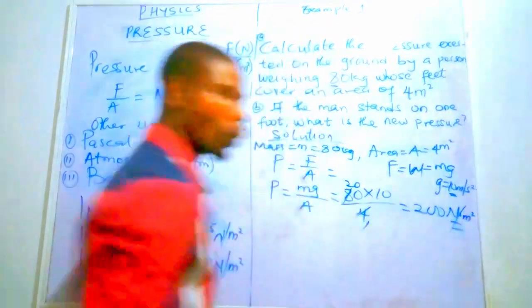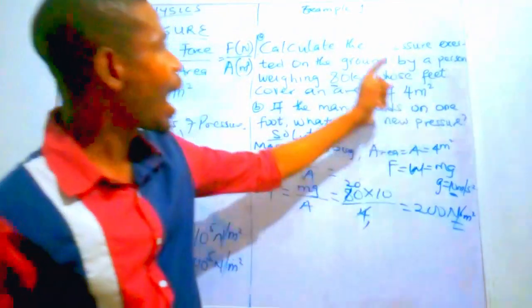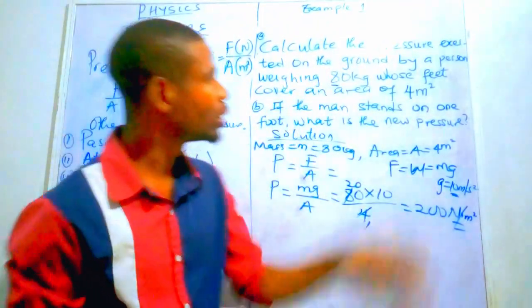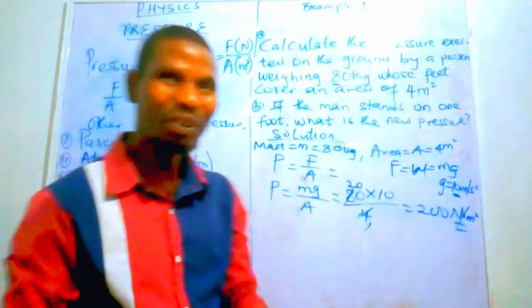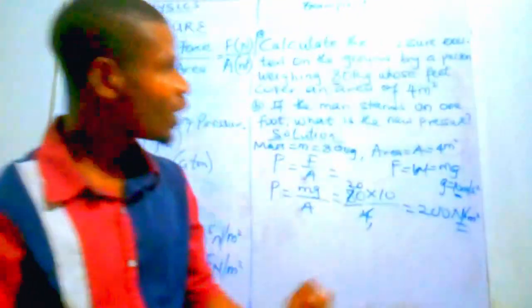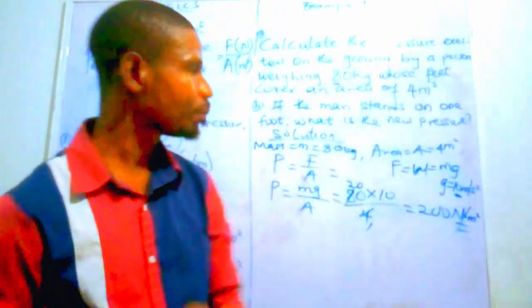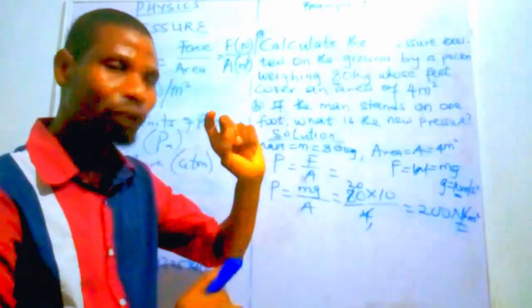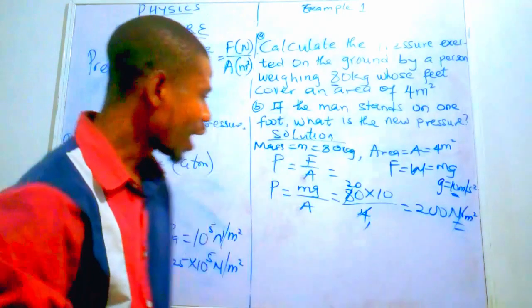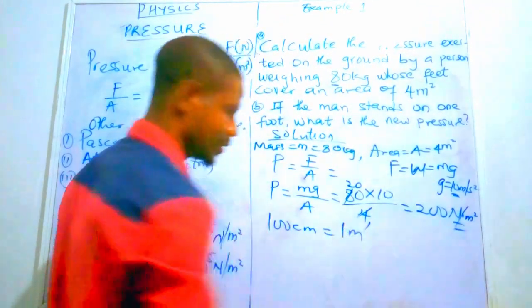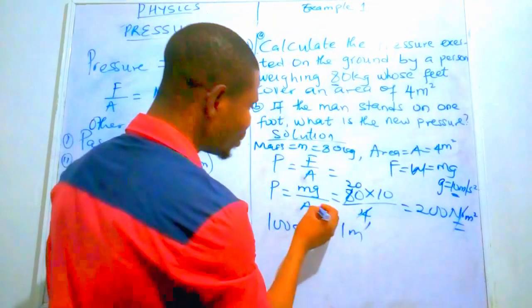Before I proceed, I didn't do any conversion here because the mass is given in kilogram and the area is given in meter square. If you are given area in centimeter square, you are to convert it to meter square, and you know that 100 centimeter is equal to 1 meter, but we are dealing with meter square here.